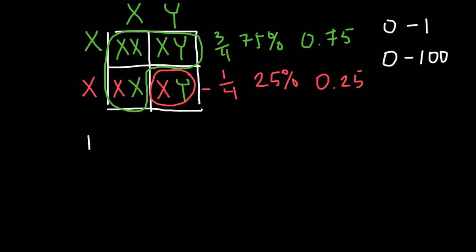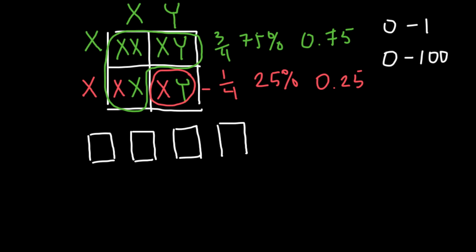So this box would represent the first child. This box would represent the second child, third, fourth, and fifth. So when the family would have the first child, what is the probability that this is going to be a girl or a boy?